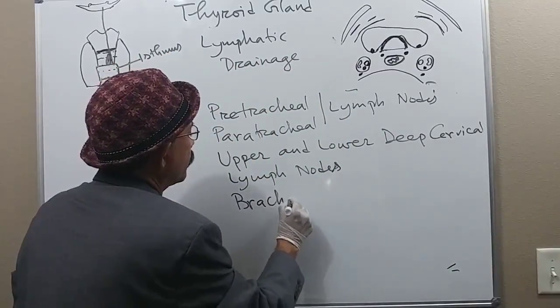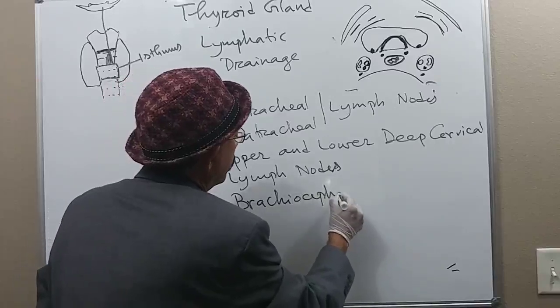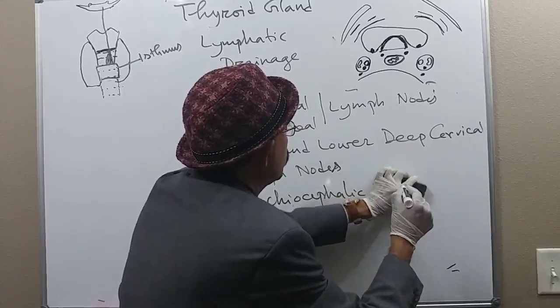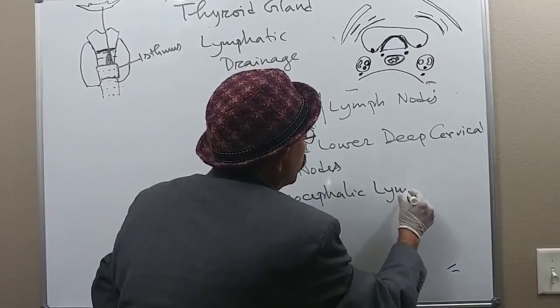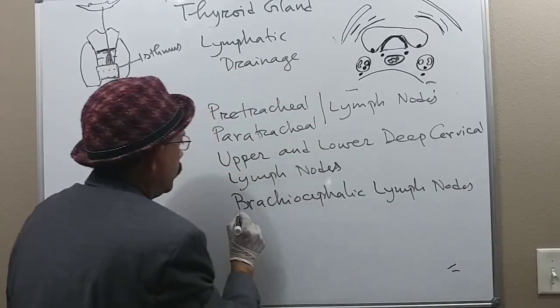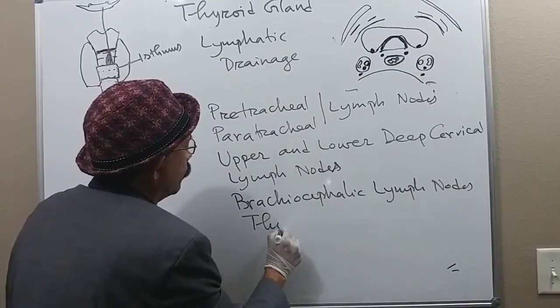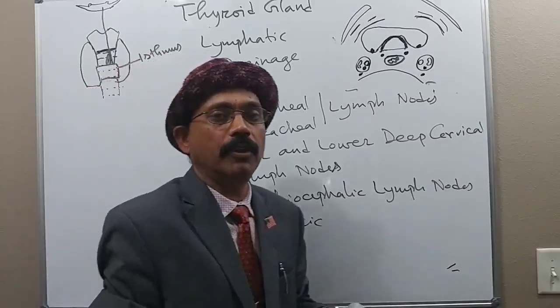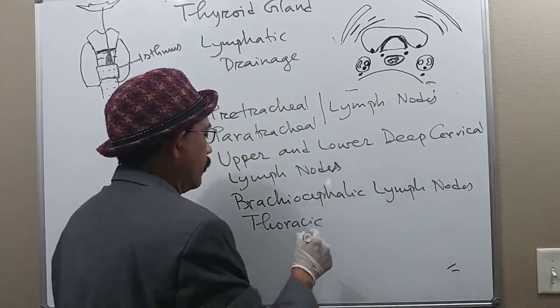Brachiocephalic lymph nodes, and even the thoracic duct, because the thoracic duct, especially on the left side, is very close to the thyroid gland.